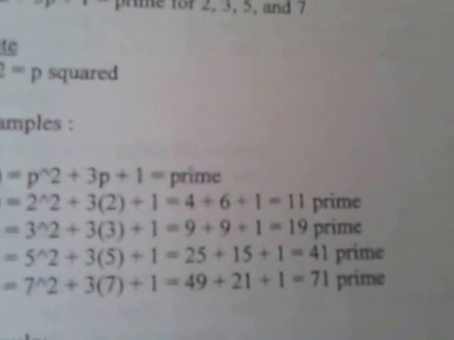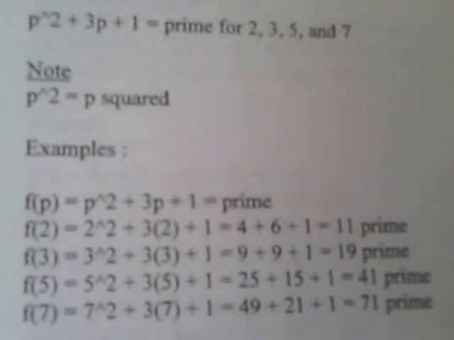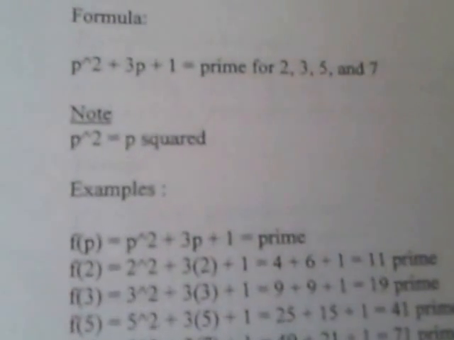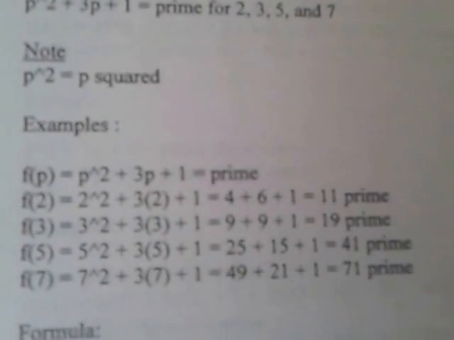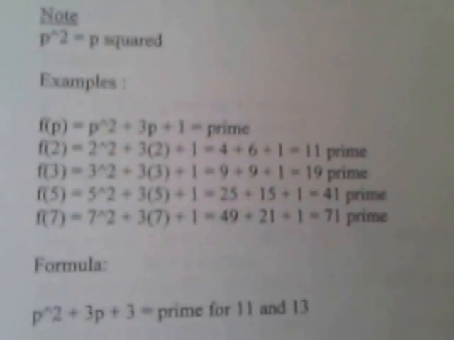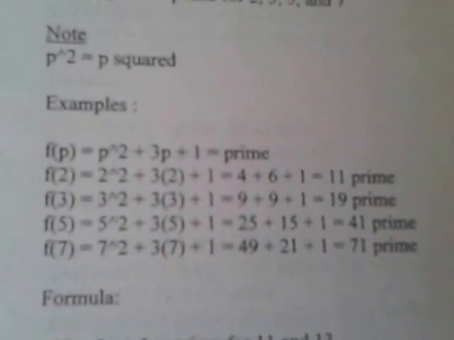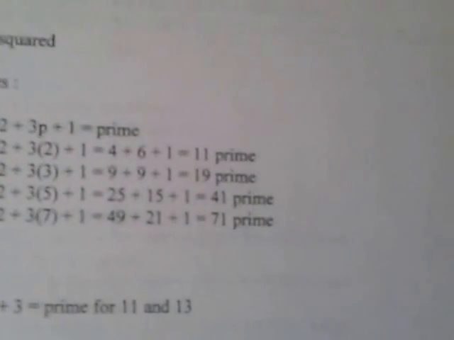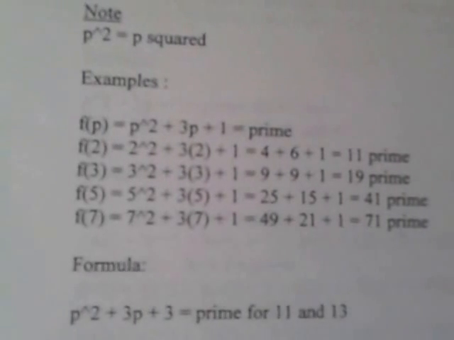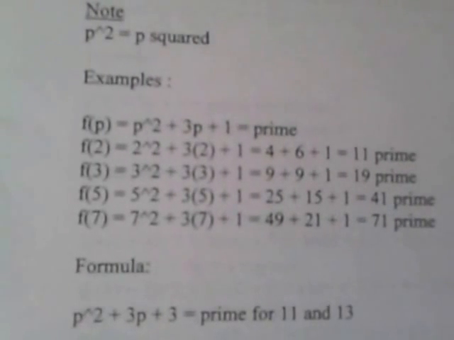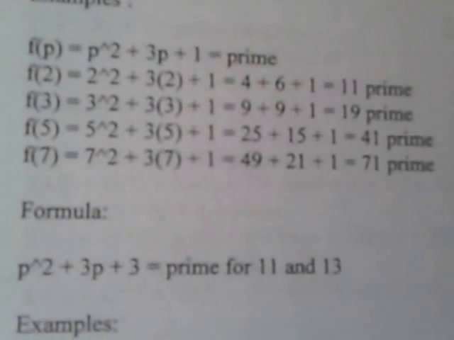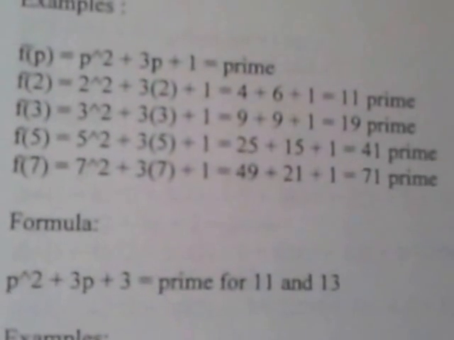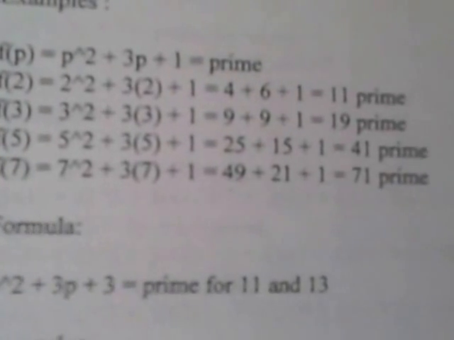When I was using the Windows document at the time, it was called a Word document, it didn't have a way to put an exponent, at least that I could find, so I put the arrow, as I've also seen other people do before. So here it is: f of p equals p squared plus 3p plus 1. So what you do is you substitute those numbers.